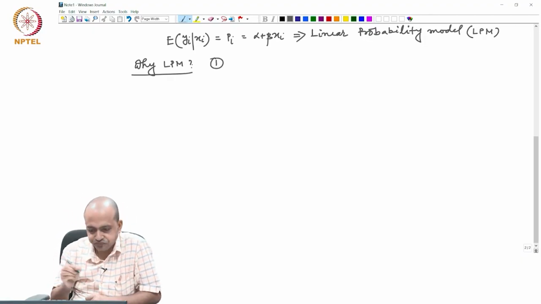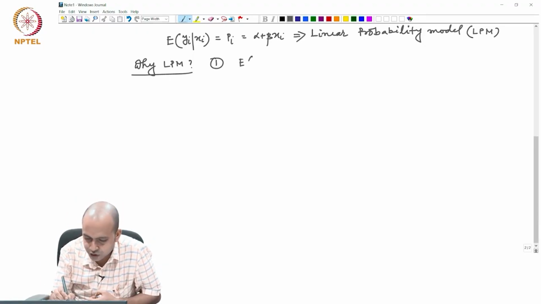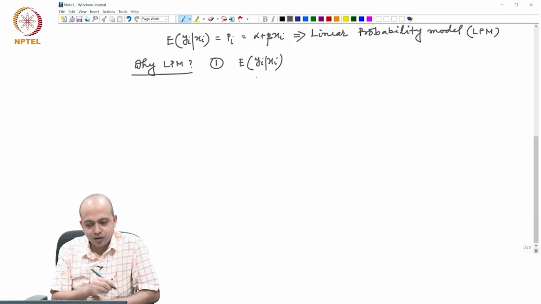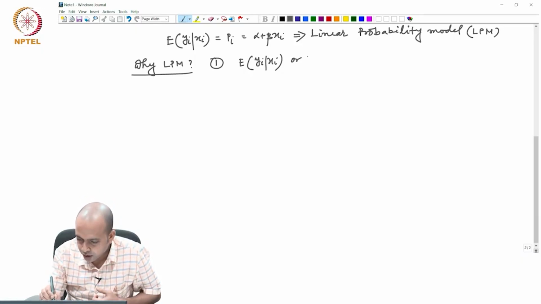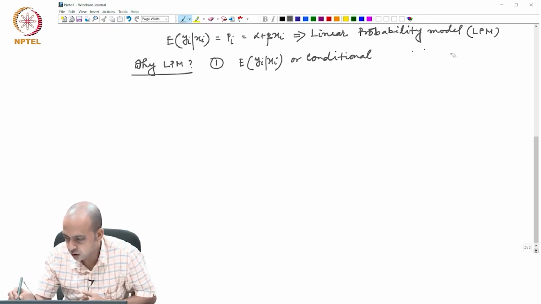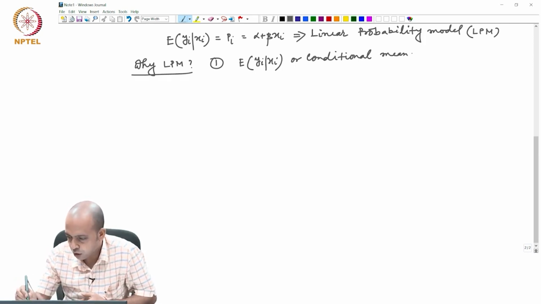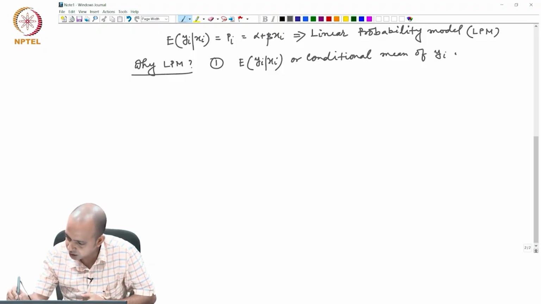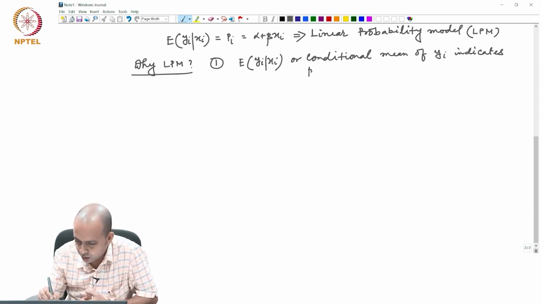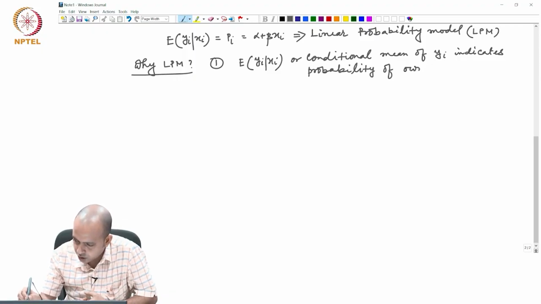First of all, unlike other cases, here expectation of yi given xi, the conditional mean of yi, basically indicates the probability of owning a car.